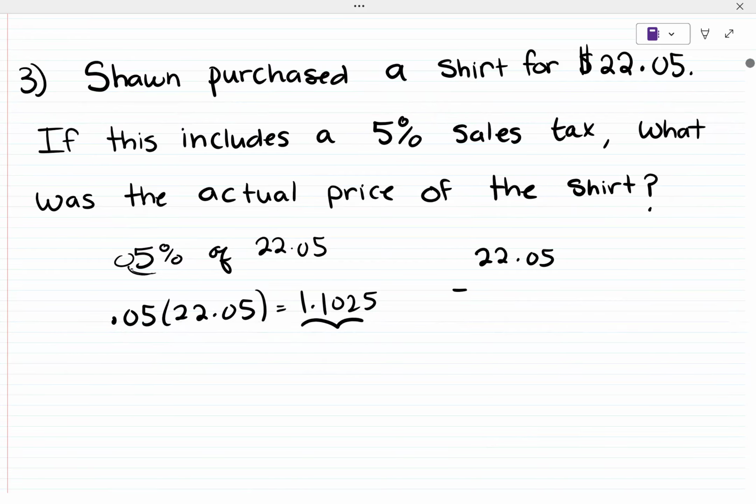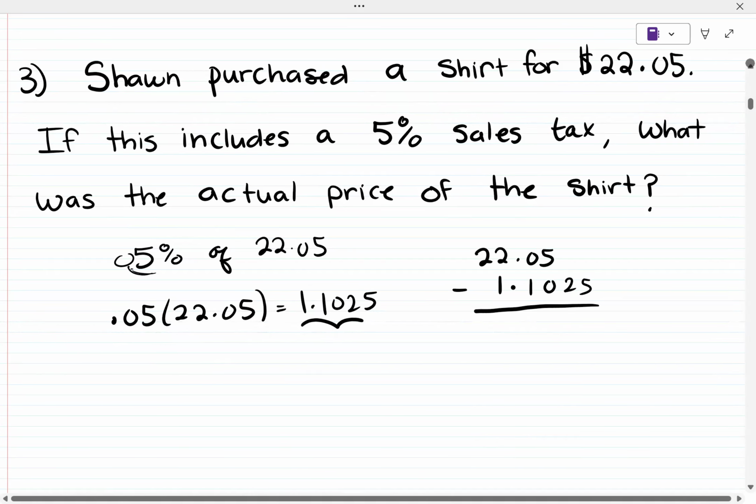This isn't a fill in the blank, you will get multiple choice. So you're going to get an answer that's really close to it, right? When you do that, you get like 20.9475.